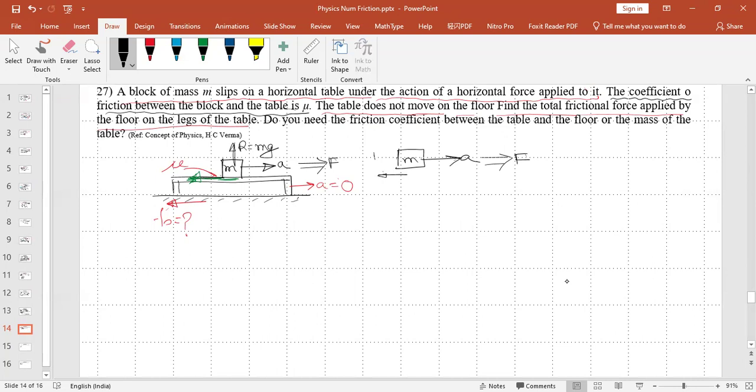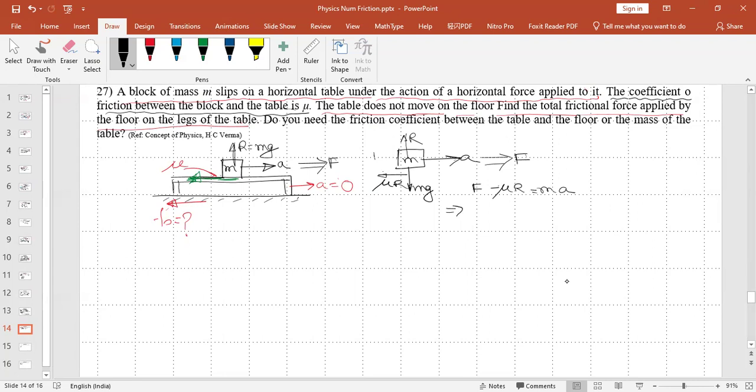This is equal to mu R, where R is the reaction force, and downward gravitational force is mg. From here, we can very easily write the pulling force F minus the frictional force mu R is equal to mass of the body into acceleration.